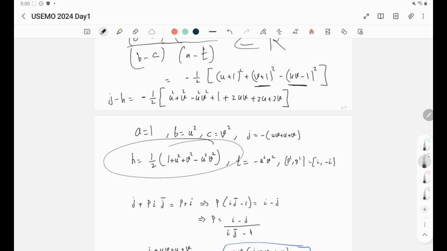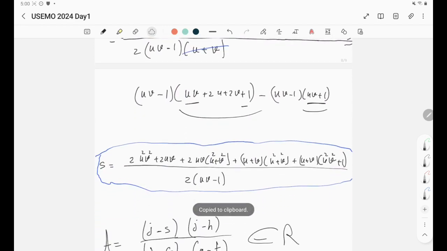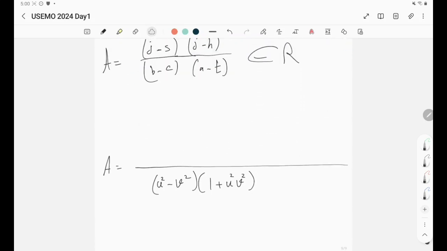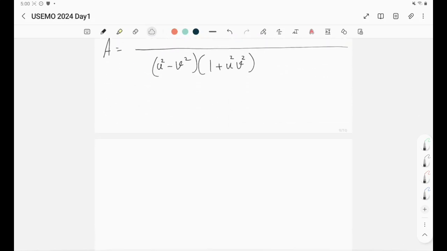So you can take u plus 1 as a common factor. And guess what? This is symmetric. So if you have u plus 1 as a common factor, then also v plus 1 can be taken as a common factor. So yeah, this is very nice. So first of all, let's catch this thing. This was for the calculation of j minus h.